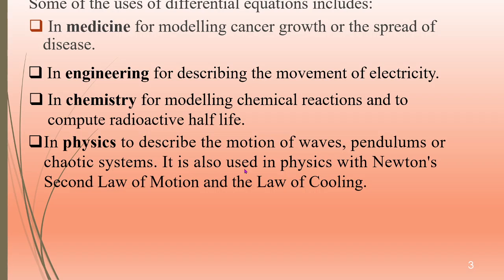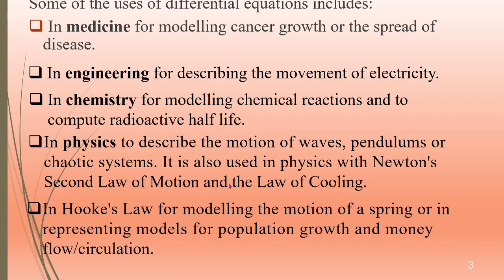It is also used in physics with Newton's second law of motion and the law of cooling, in Hooke's law for modeling the motion of a spring, or in representing models for population growth and money flow or circulation.